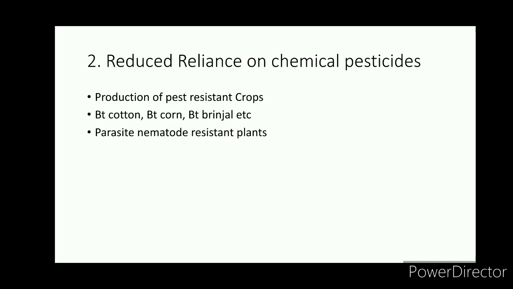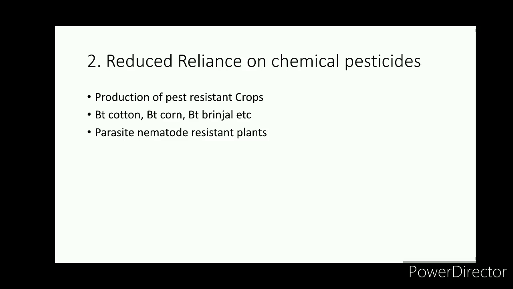So therefore the complete reliance on chemical pesticides, it may not be 100%, but it can be reduced to some extent. If the chemical pesticide usage is reduced, the environment is going to be less harmful. Toxic chemicals can be prevented in the environment.